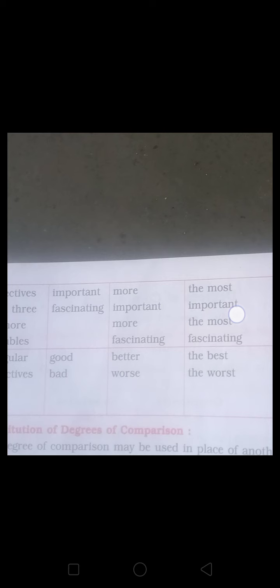Because the comparative and superlative forms of this word are different. Or bad, worse, worst. Because these words have different forms in positive, comparative and superlative, that's why these are the irregular adjectives. Means these forms are different in comparative, superlative and positive degree.